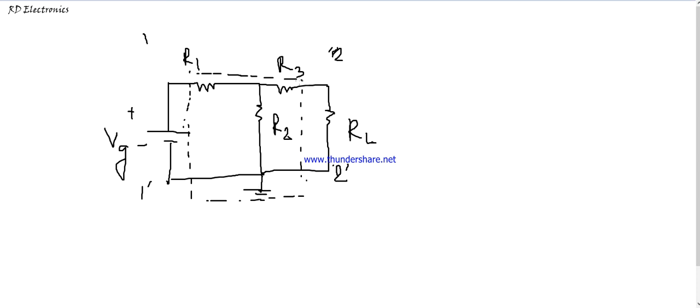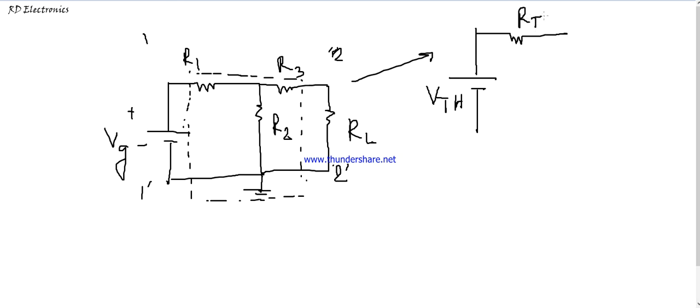So according to Thevenin equivalent circuit, after conversion using Thevenin theorem, the circuit looks like that. This voltage source is converted to Thevenin voltage source, and all resistances are converted to the Thevenin equivalent resistance, and here is connected the load resistance RL.